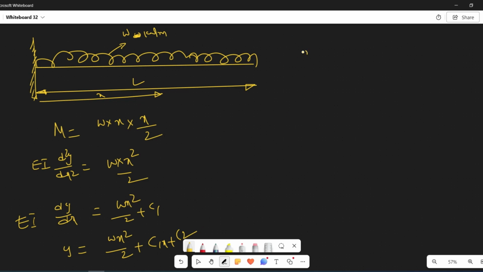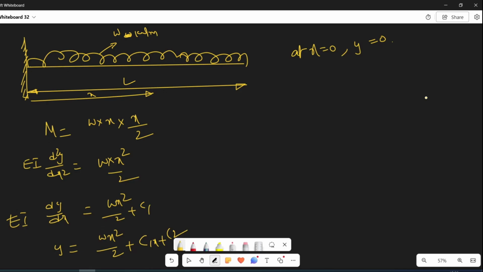For this one, again take the boundary condition at x equal to 0. Again, x equal to 0, dy by dx will be 0.